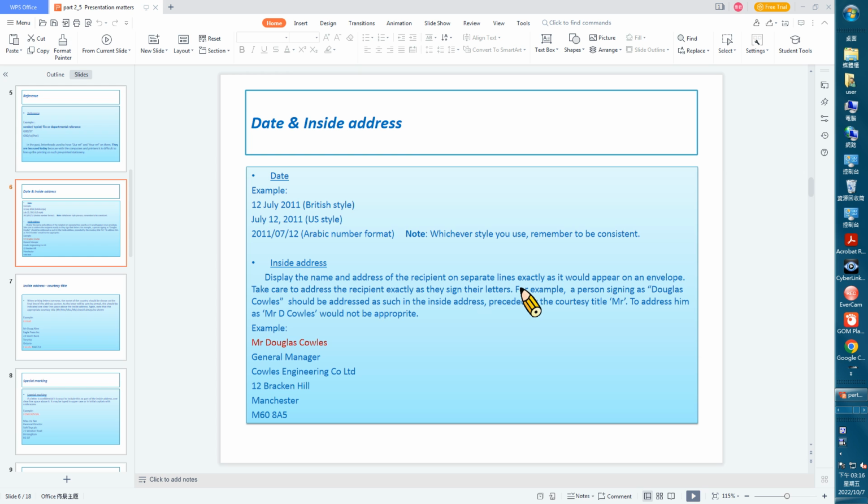For example, a person signing as Douglas Collis should be addressed as such in the inside address, preceded by the courtesy title Mr. To address him as Mr. D. Collis would not be appropriate.